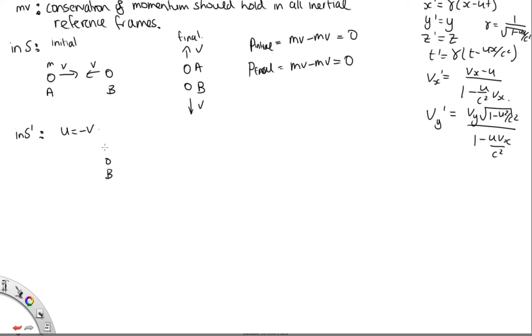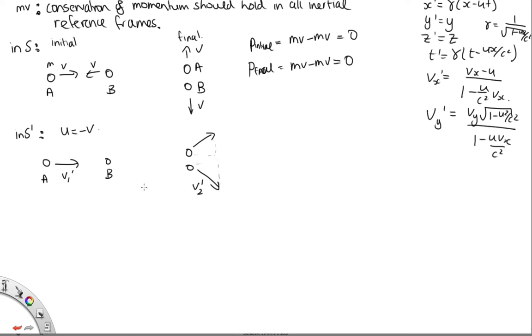Here's B, and here's A. You can see that A, let's call it v1 dash, will be moving towards particle B. Now afterwards, our two particles will move off like this. We'll call the magnitude of the velocity v2 dash. You can see vertically they're going to have the same but opposite sign magnitude, and in the x component the magnitude is going to be the same.